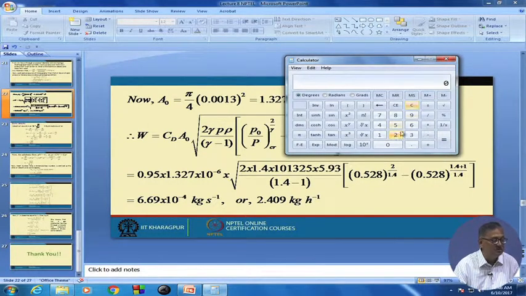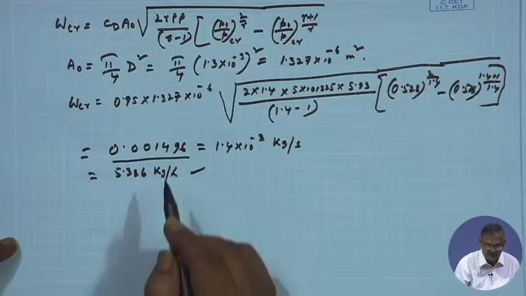So, 6.69 into 10 to the power minus 4 into the square root of 5 comes like that, 0.01496.